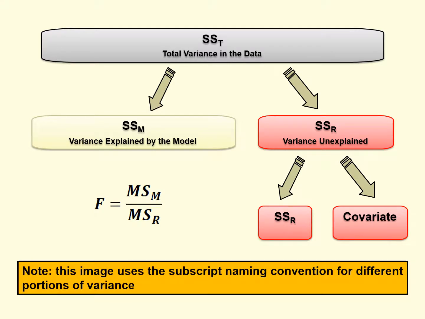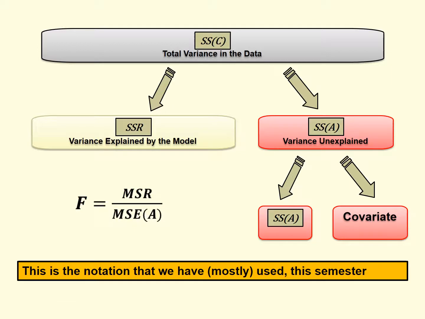And by the way, you can see here in this image, I'm using that subscripting notation that is fairly common and that Andy Field uses in his textbook. Here is exactly the same values, just represented with the notation that I've used somewhat more consistently this semester. So sum of squares error total is the sum of squares error in the compact model, the total amount of variability that we're trying to explain.